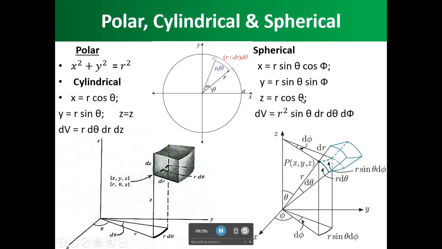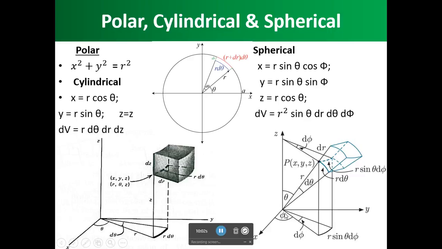Our y is our r times the sine, which would be this line here, times the sine of phi. And that will give us this side.